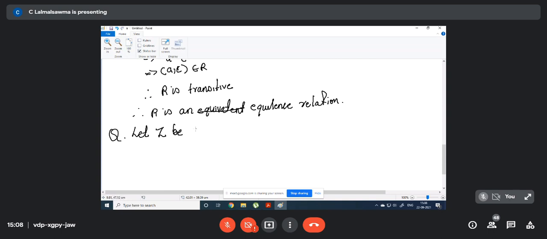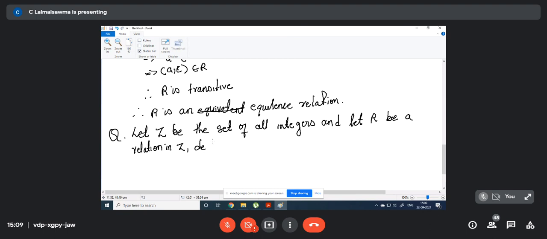Let Z be the set of all integers and let R be a relation in Z defined by, here the question is the same, Z and R, only R will be different.